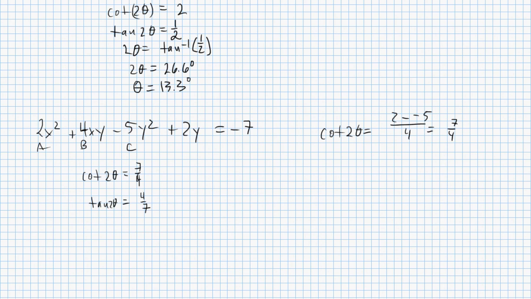So now we arctan both sides, and my calculator says that arctan 4 over 7 is about 30.1 degrees. So 2 theta equals 60.2 degrees, or theta is equal to 30.1 degrees, the required rotation angle.